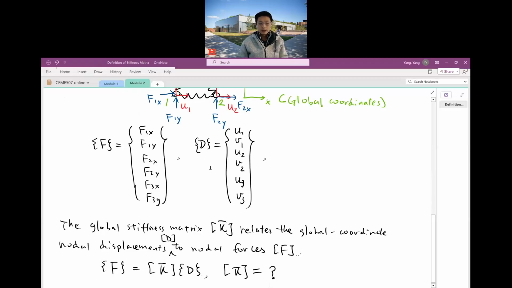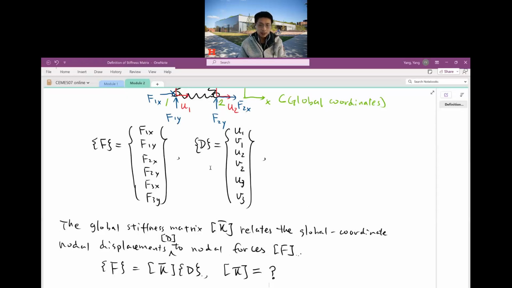So that's the definition of the stiffness matrix. Basically, for any problem, given the geometry, after we select the type of element, we should be able to define the force and the displacement matrices. The next step is to figure out the relations between the forces and the displacements.